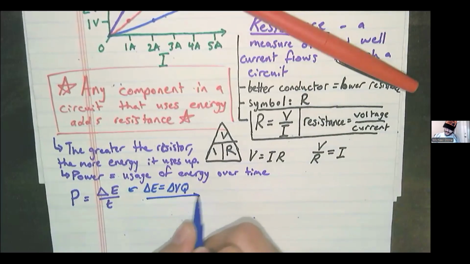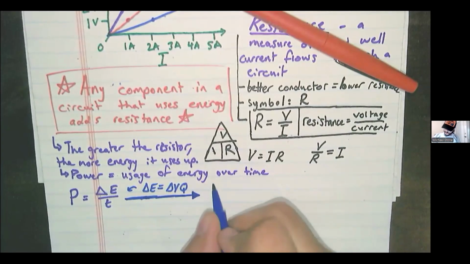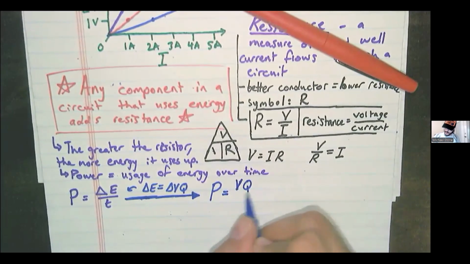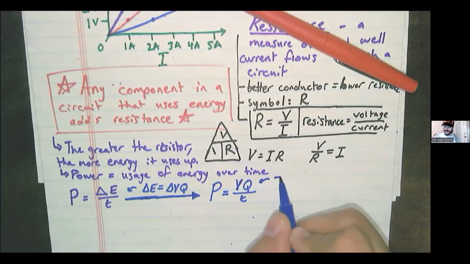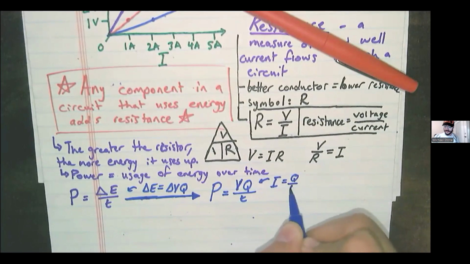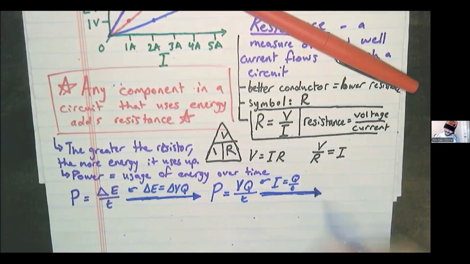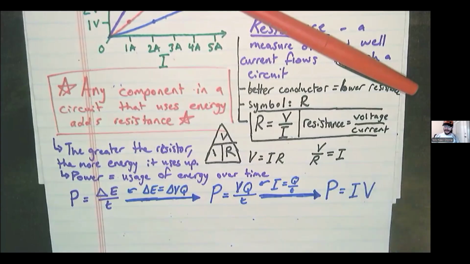Make that substitution, and this turns into power is voltage times charge per time. Charge per time sounds kind of familiar. When have we recently seen charge per time? So our final transformation of this: power is current times voltage.